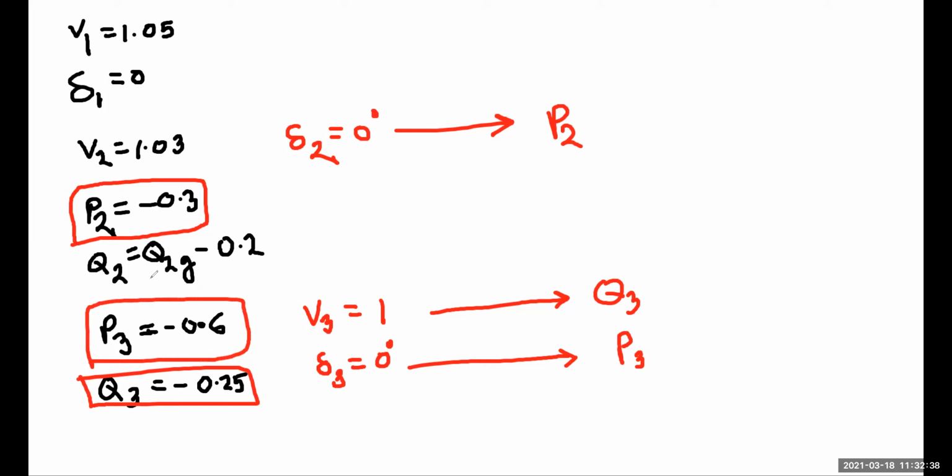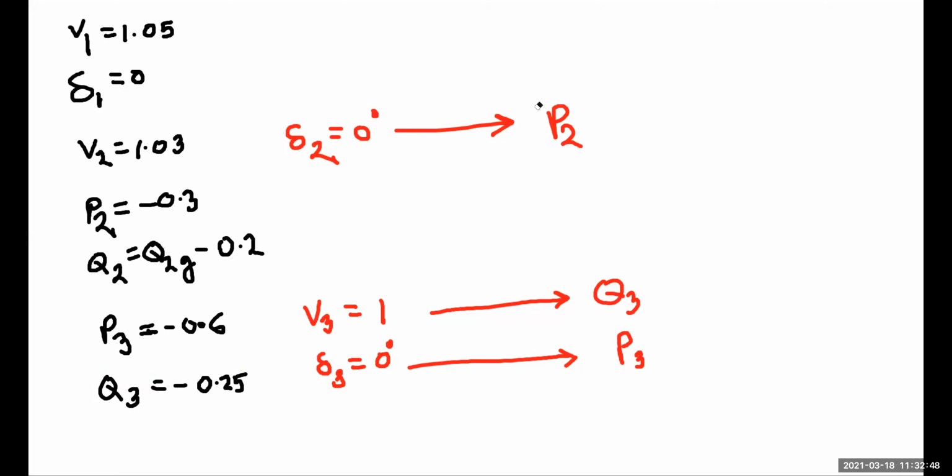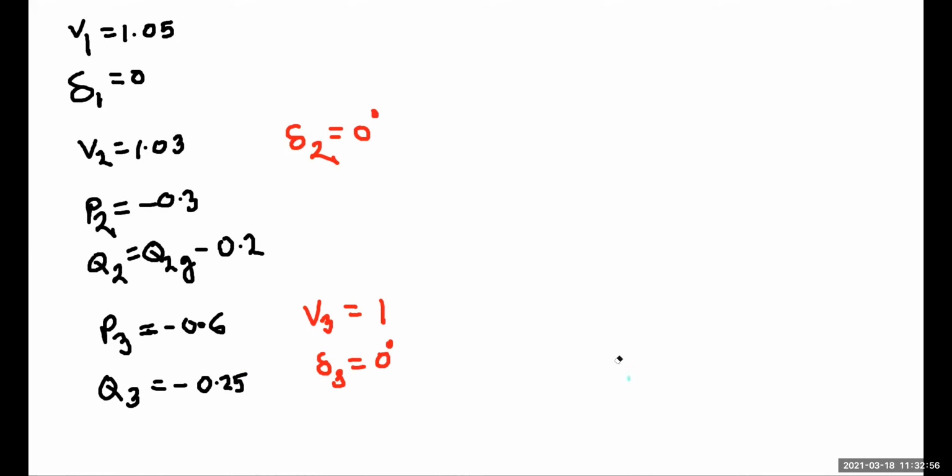No formula for Q2 because Q2 is not fully known. That's why we do not have to find out Q2. So these are the three formulas we have to find out: P2, P3, and Q3. So before that, let's write the formula.